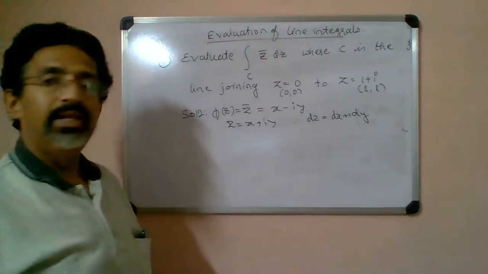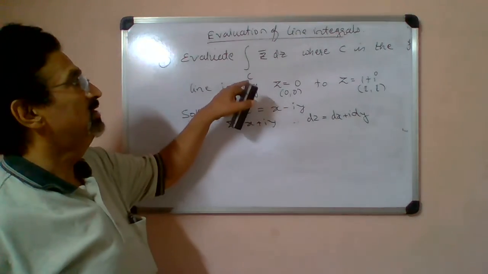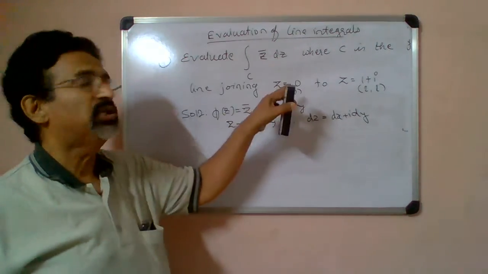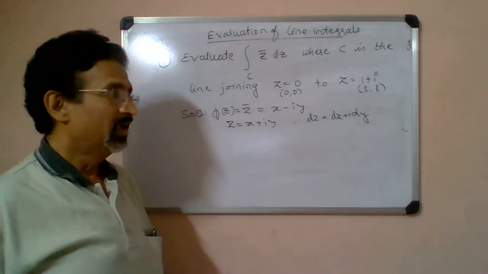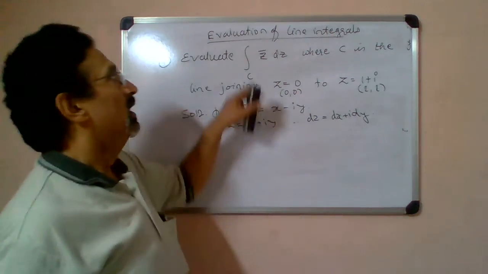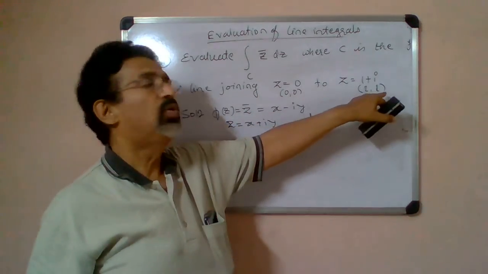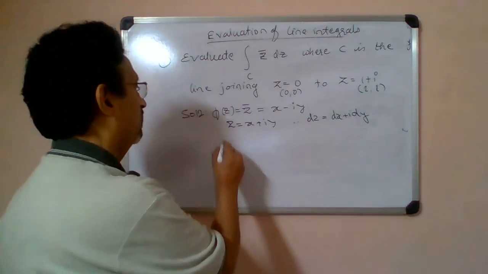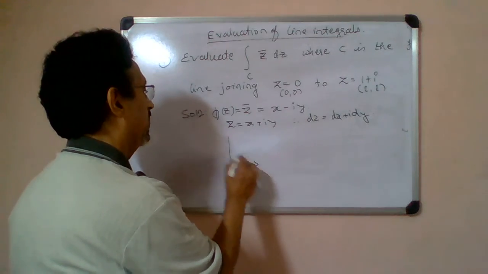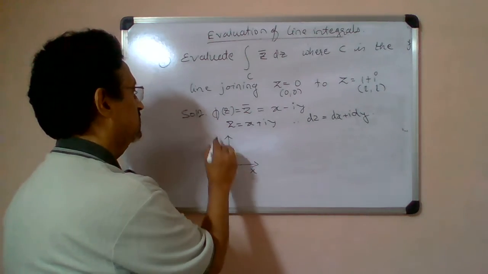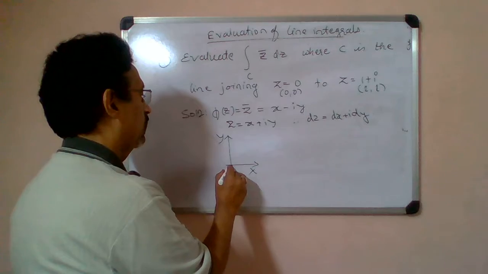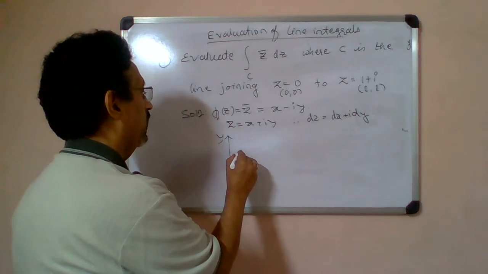Now what is my next step? My next step is to find out the equation of the curve C. What is given? The curve C is the line joining 0, 0 to 1, 1. If I consider the z plane, this is the x axis, this is the y axis, z equal to 0, 0 and z equal to 1, 1.